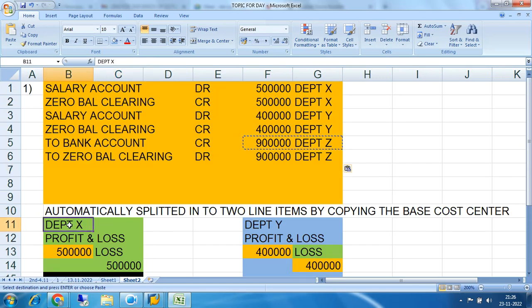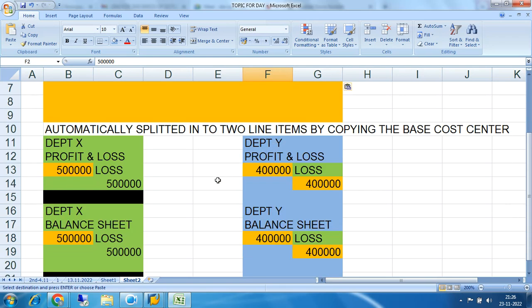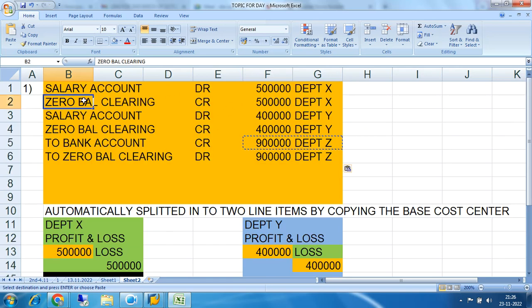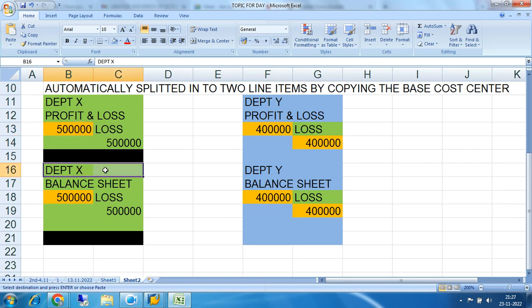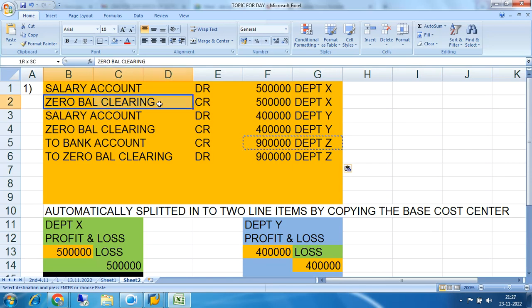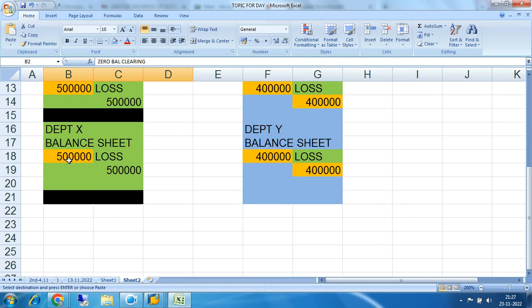So in the department X on the debit side 5 lakhs will be there, and again on the credit side, that means on the liability side, this zero balance clearing ledger, on the debit side, salary expenses ledger will be there, and on the balance sheet of department X, this zero balance clearing will be reflected.